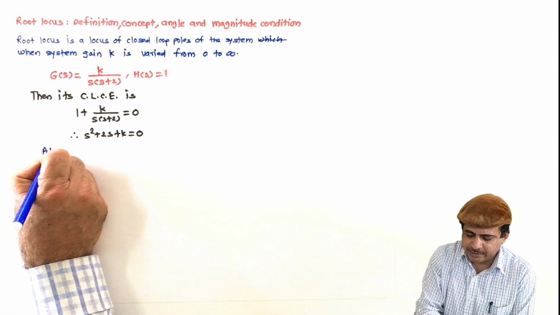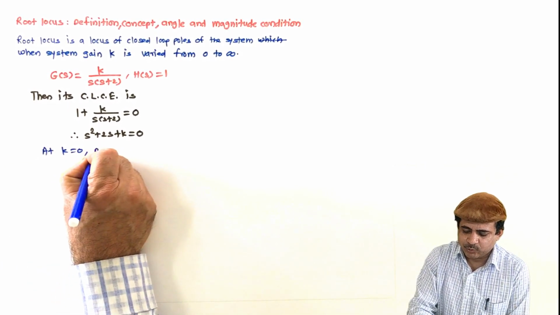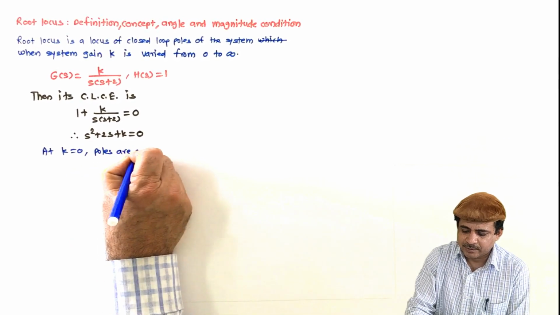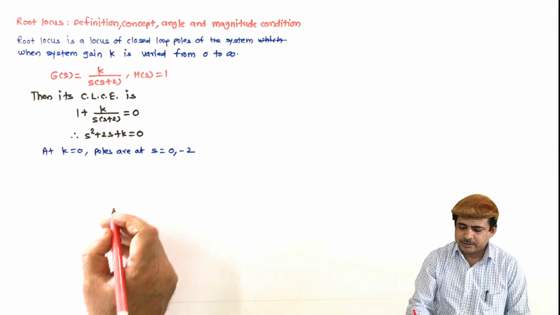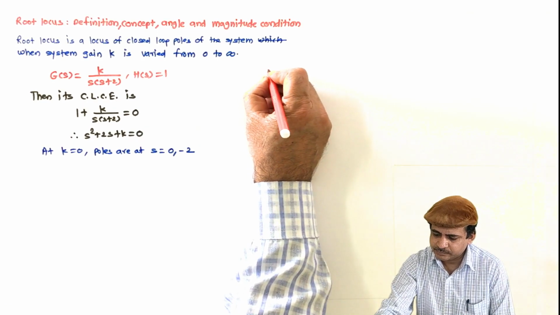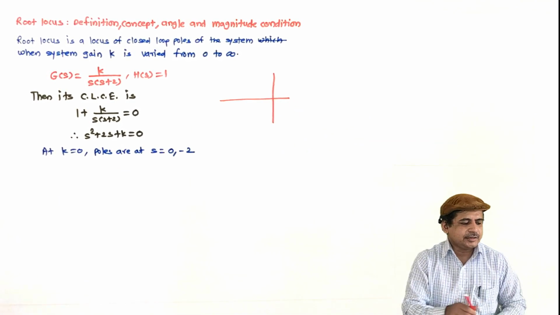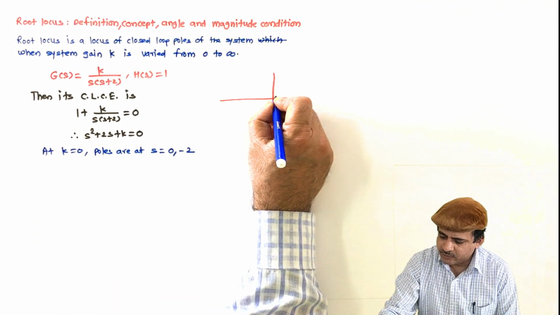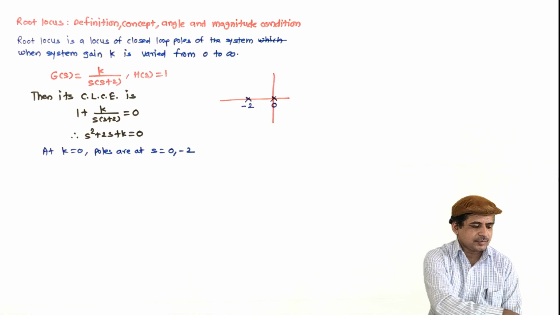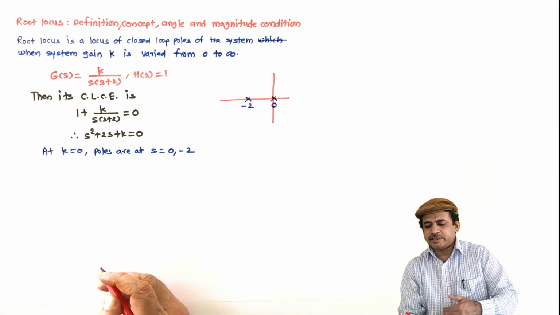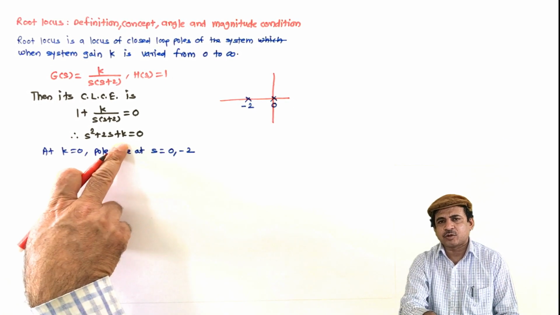So, at k equal to 0, this becomes s square plus 2s. So, poles are at s equal to 0 and minus 2, and let us try to sketch this. Then if I change this k slightly, the poles will start moving, because now pole location is dependent on k.